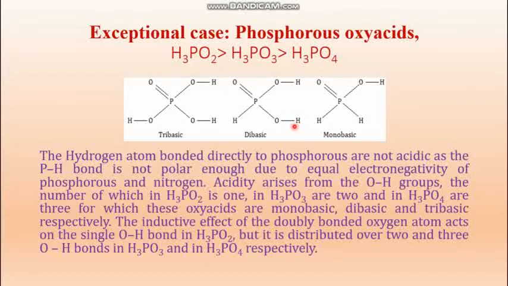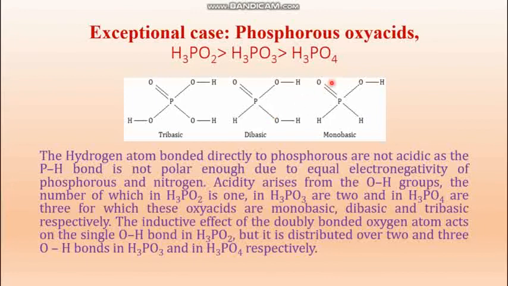So electrons must be pulled by this oxygen, and this will be distributed. This will be further pulled by this oxygen. Now the pulling effect of electrons of this double bonded O will be distributed over 3 OH moieties here. On the other hand, the pulling effect of electrons from the double bonded O will be distributed over these 2 moieties.